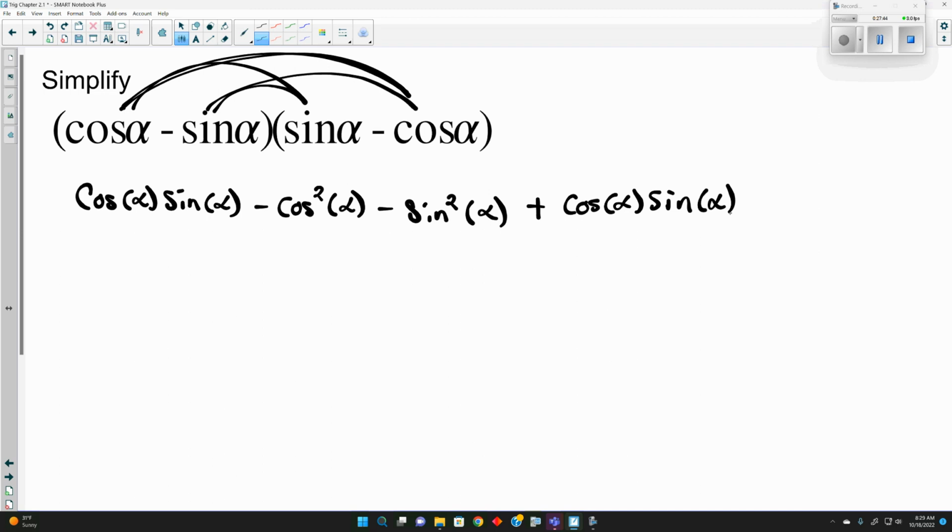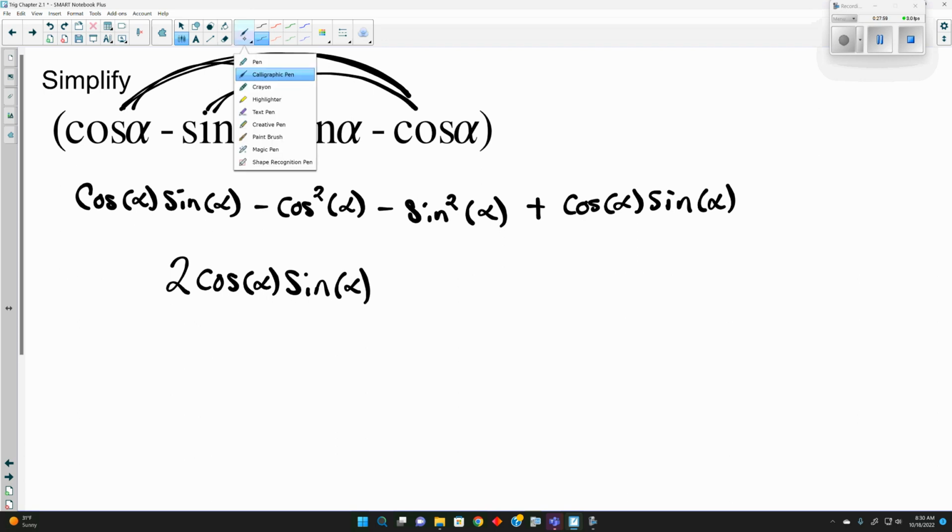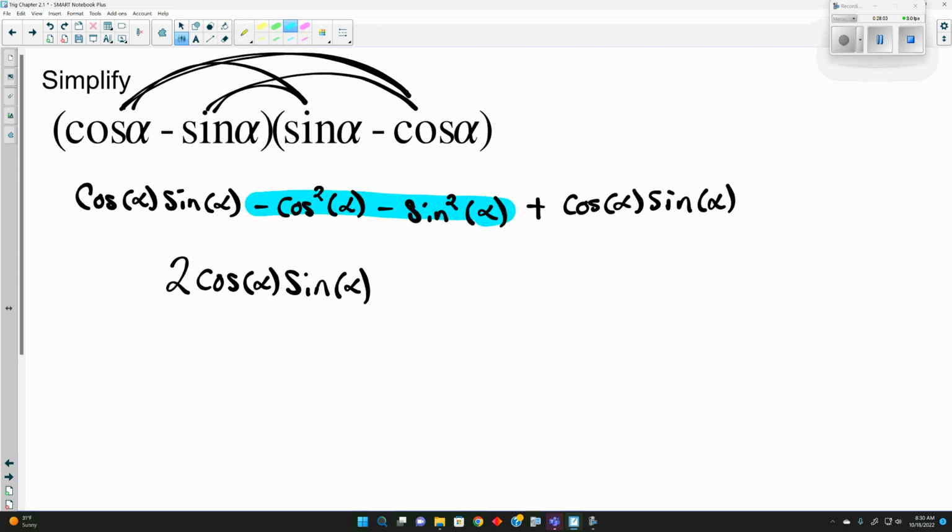Because really we can say that cosine times sine plus cosine times sine is 2 cosine of alpha sine of alpha. And I did say already that this here is very close to one of our Pythagorean identities, isn't it?